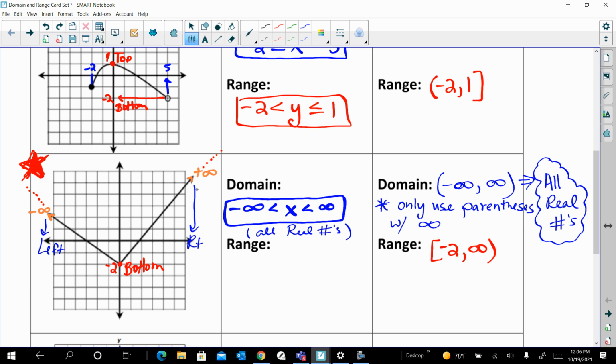Because this has arrows and it keeps going up, up, up, even though we don't see the graph continue, the arrow means that it will continue. The lowest point is at a -2, and then it keeps increasing from there. So your y values have to include everything greater than or equal to a -2. Anything that opens up is greater than. If the arrows are pointing down, it would be less than.